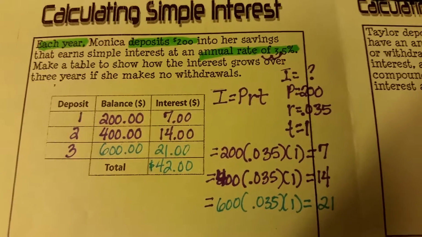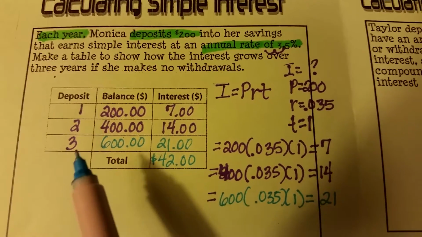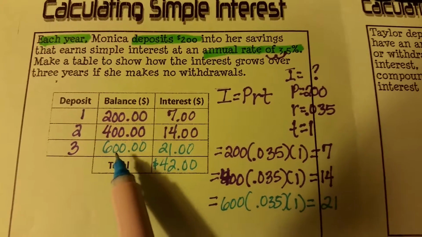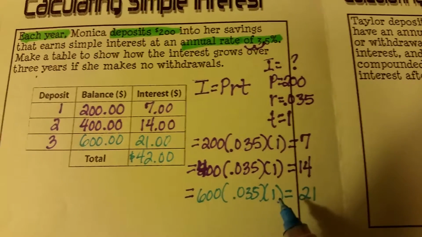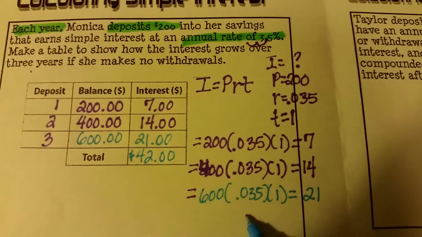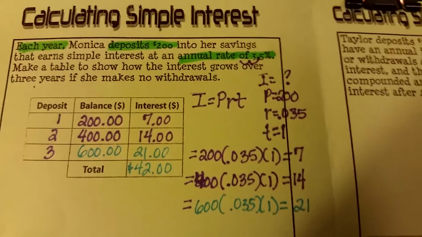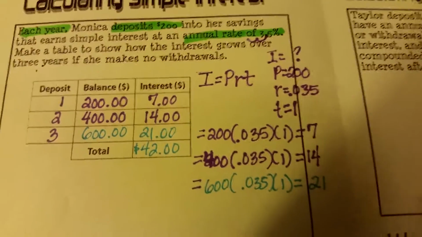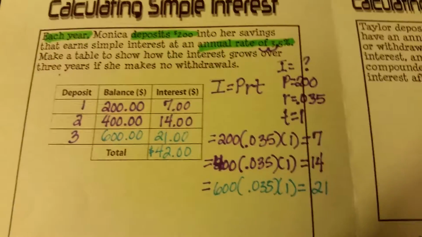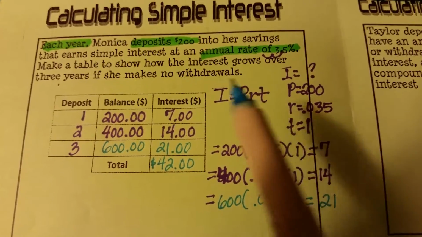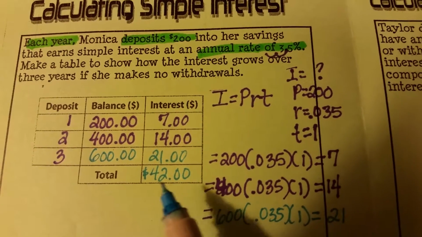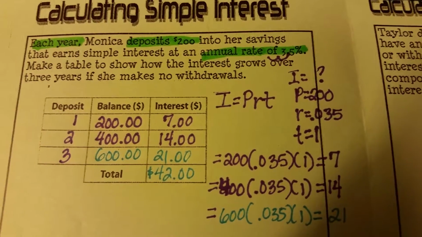What you should have come up with is that at year 3, the total would be $600. To figure out the interest, we do 600 times 0.035 times 1, which gives me 21. So my total interest accrued over 3 years would be $42.